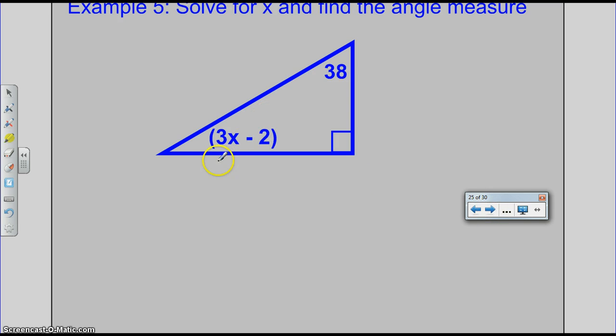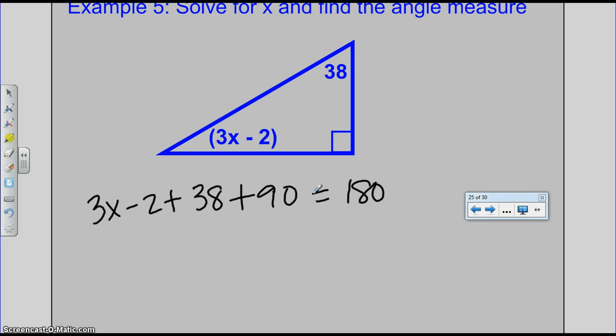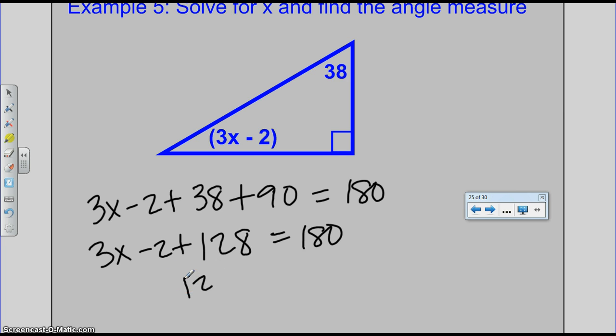This is another algebra problem where I know they all add up to 180. So 3x minus 2 plus 38 plus 90 gives me 180. This becomes 128. 3x minus 2. Negative 2 plus 128 becomes 126 equals 180. Then I subtract 126 from both sides.